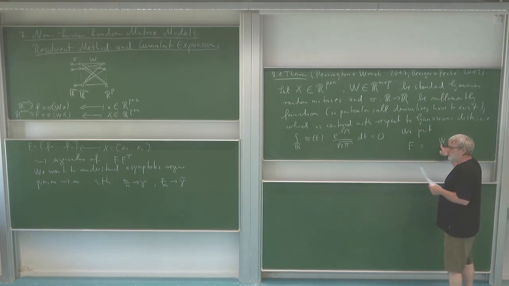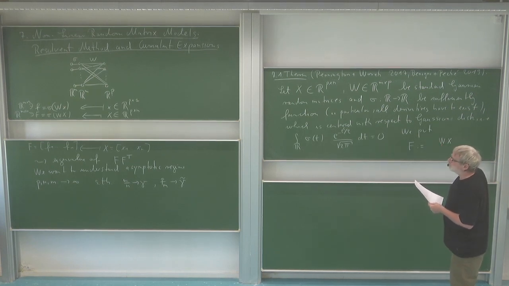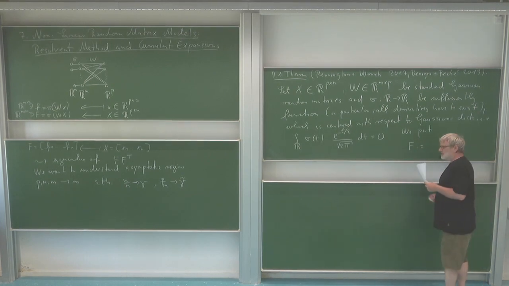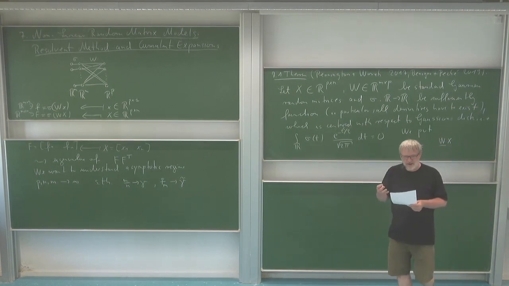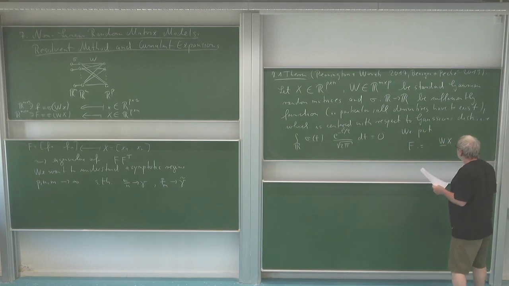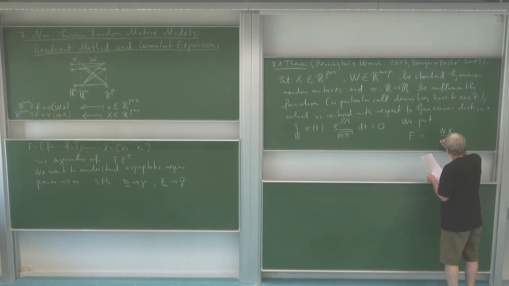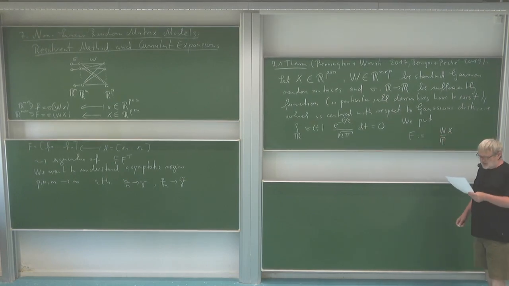And this W should be normalized with the square root of P. So W is an M times P matrix. The entries have variance 1, but in order to have a limit, the variance should scale with the size. So I actually should scale this with this thing here.